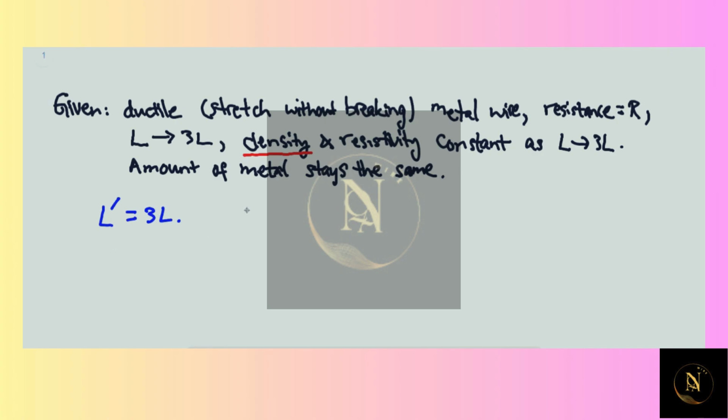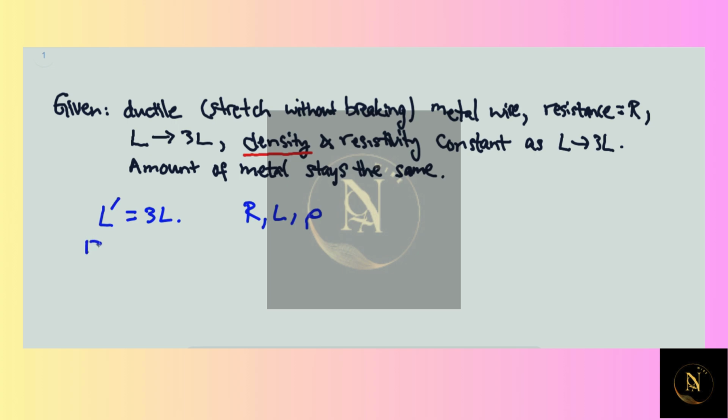With the information that we have on hand, we have a resistance, we have length, but we don't have resistivity. We actually don't need a particular value for it, as you'll see, because we can find things in terms of R and L and resistivity.